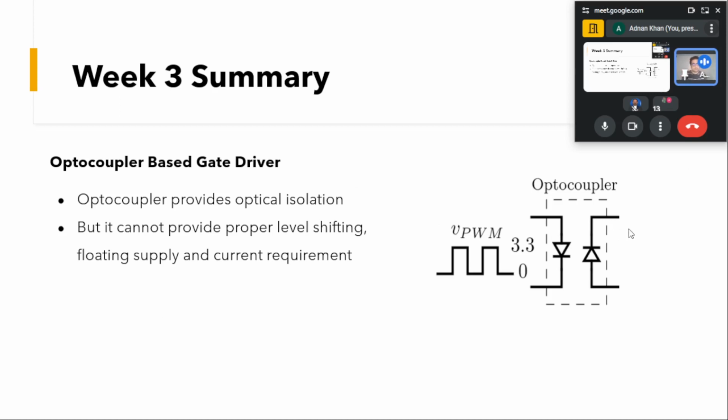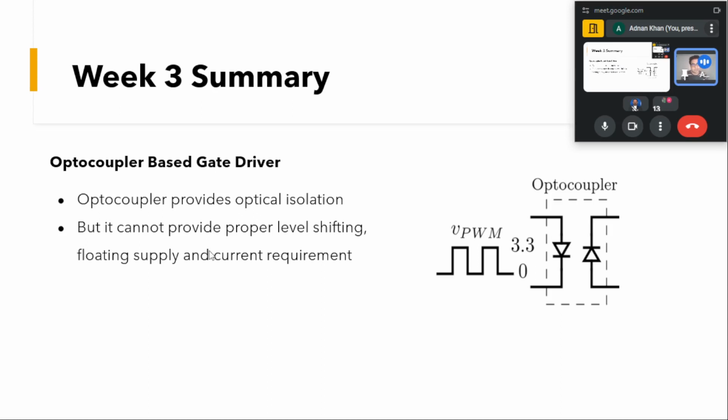Also, we had to take into consideration the requirement of the floating supply for the floating point of the high side switch, so that should also be taken into account in this optocoupler based gate driver.